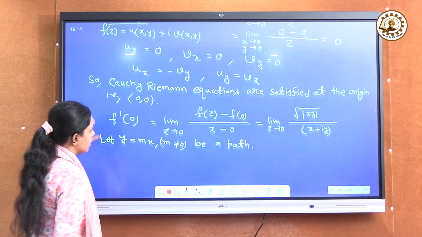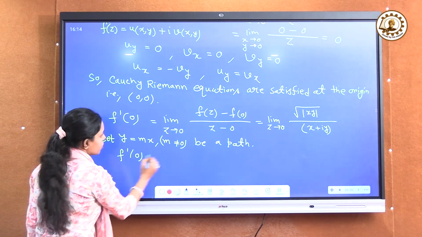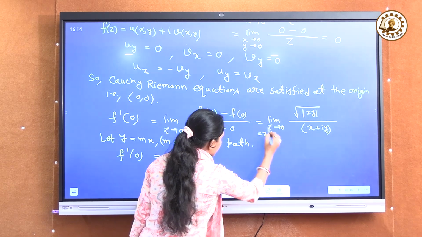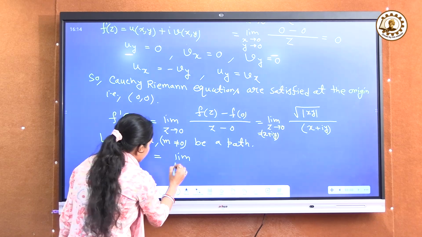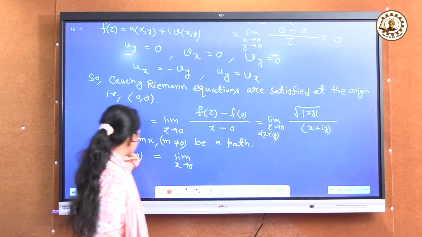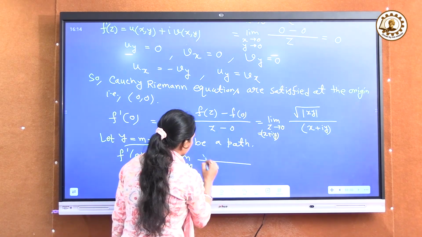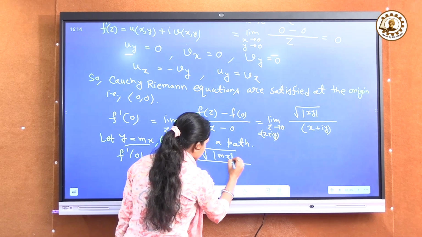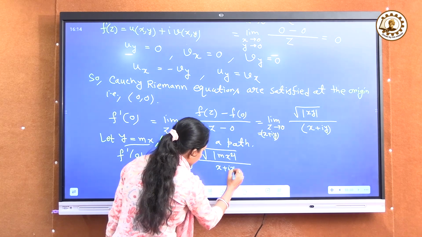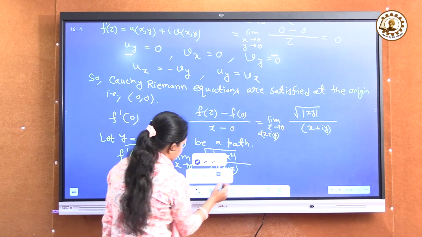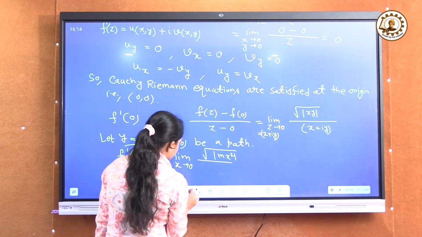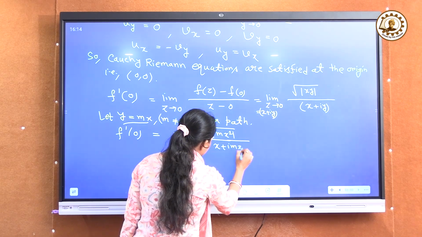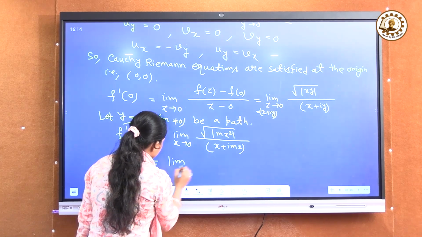Then z is x plus iy, so x tends to 0 only, because we substitute y equal to mx. This gives root over mod of m x squared divided by x plus i mx.